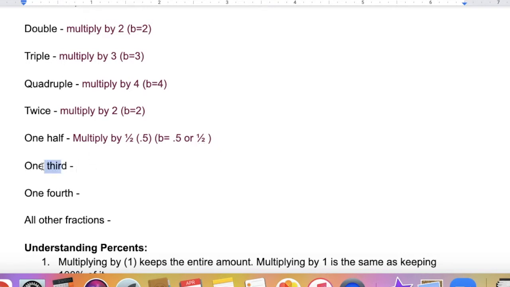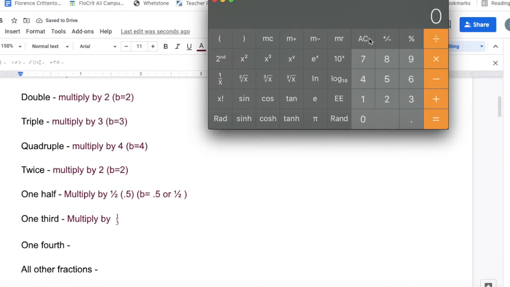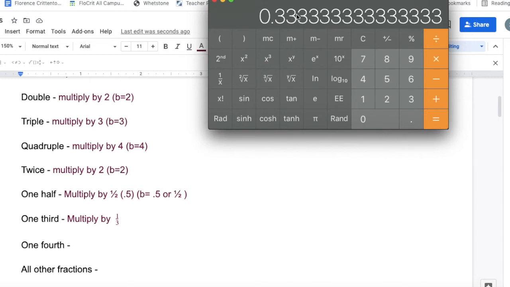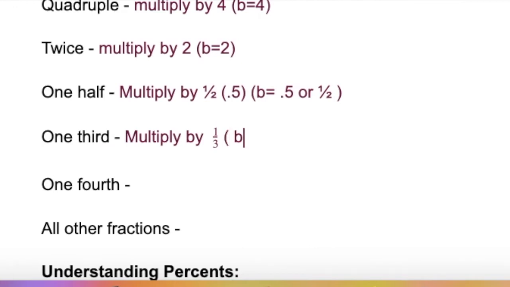1/3, a third, means multiply by 1 divided by 3. If we did 1 divided by 3 in the calculator, we're going to get a decimal that's 0.3333, so it's better to write it like 1 divided by 3 and use the fraction than it is to use the decimal.